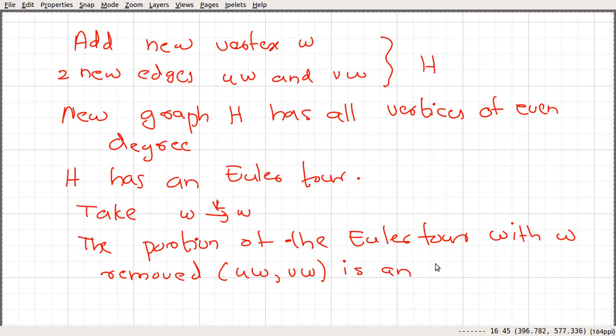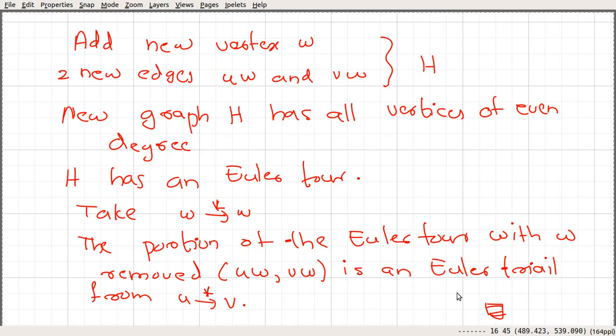What is left is an Euler trail from that vertex U to V of some length. That's what we want to prove, and we are done with the proof.